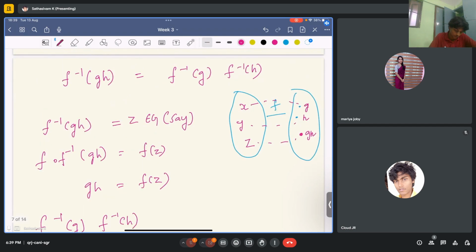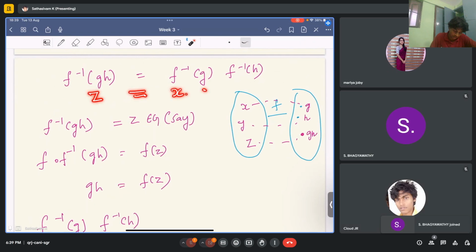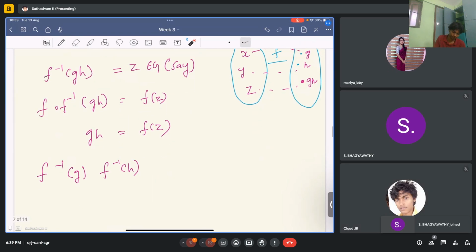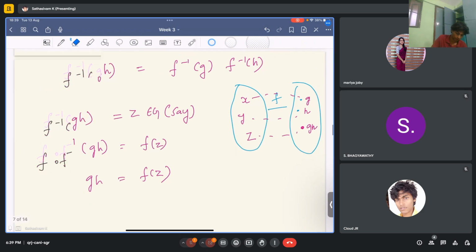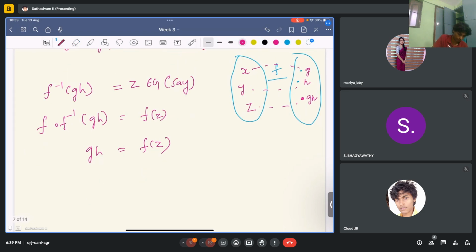Now suppose this is Z. I'm going to say this Z is nothing but x comma y. So let's apply it here. This gives you GH. Maybe I have to write it properly. I will just come back to it later.